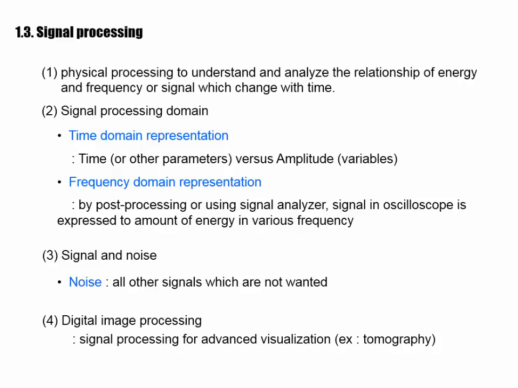And also we'll talk about noise. The difference between signal and noise is that signal is the information that we want, and noise is all kinds of other signals that are not wanted. Right? So the key of signal processing is to reduce this noise and also to highlight, or embrace, the signal that you want to measure.